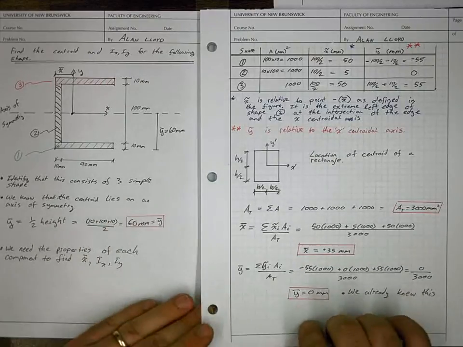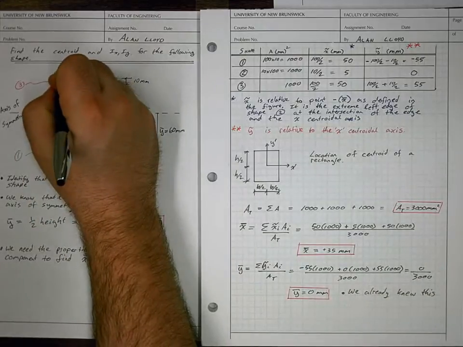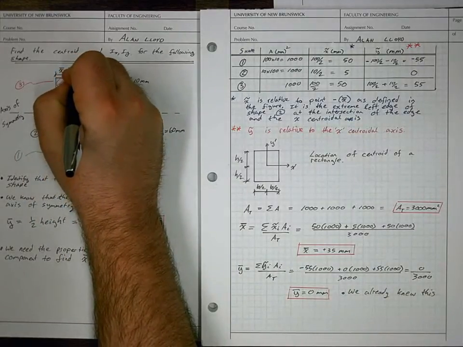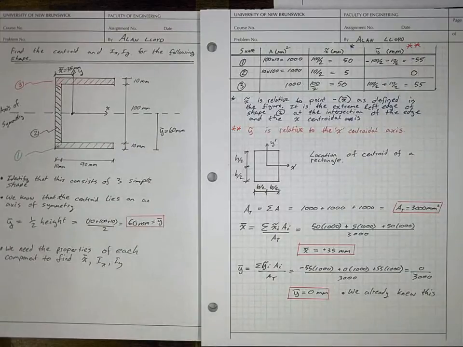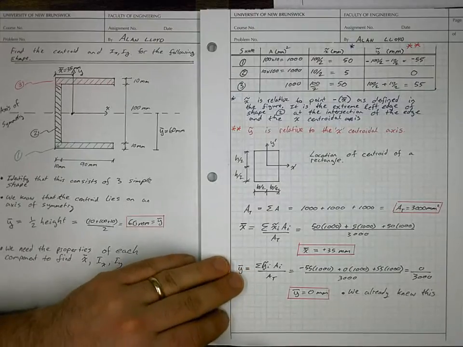Now that we have the centroidal axis location, so x bar is equal to 35 millimeters, we're tasked with finding the moments of inertia about the x and the y axes. And that's not too difficult. For that, we're going to use the parallel axis theorem.